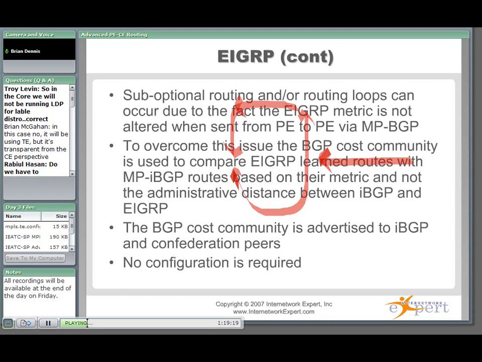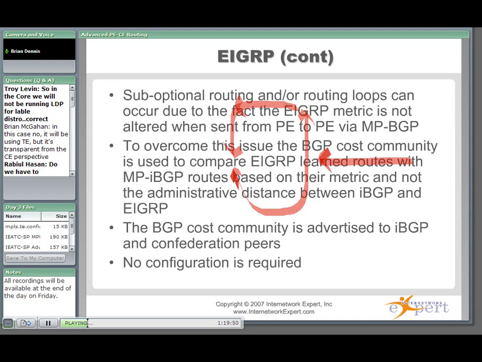So R7 sends it across as EIGRP, R6 sends it across as IBGP. So which route is R3 going to prefer? Well, obviously it's going to prefer the one with the lower administrative distance. So what would happen is R3 would route to R7 and then across to R8 and then to R6 to reach BB1. It would route across the top.